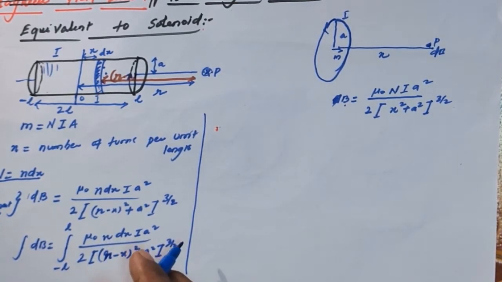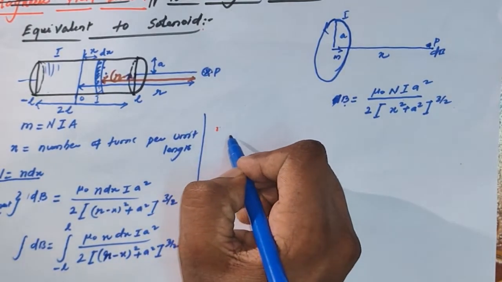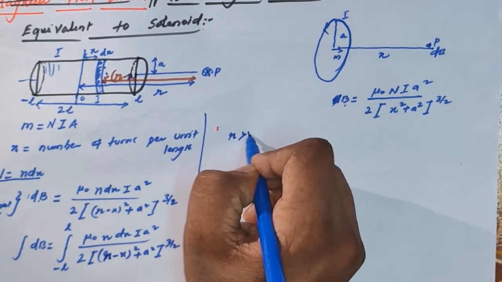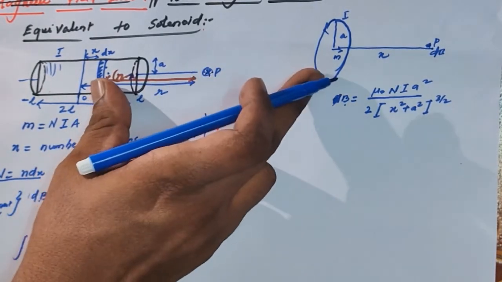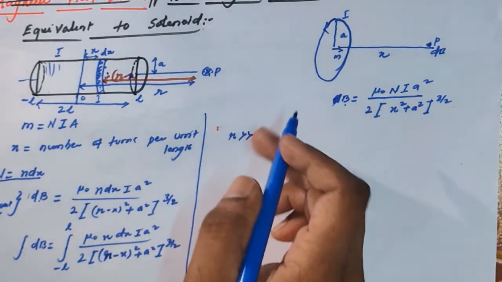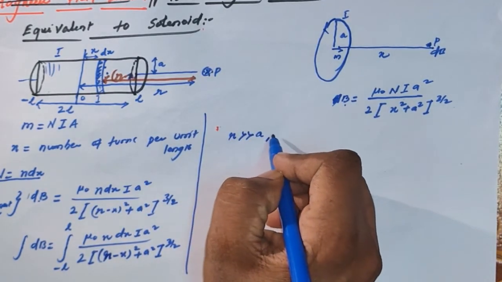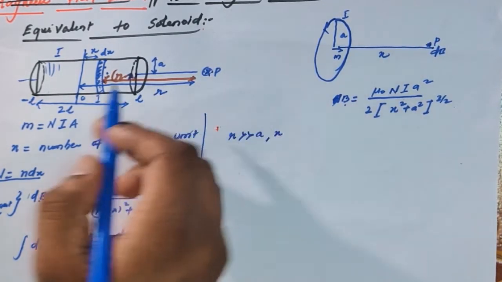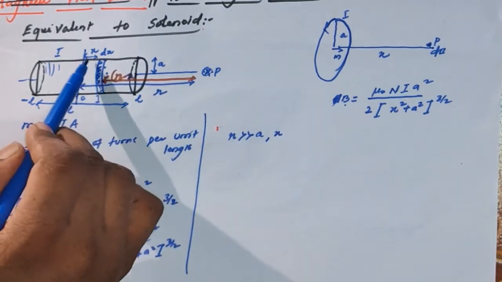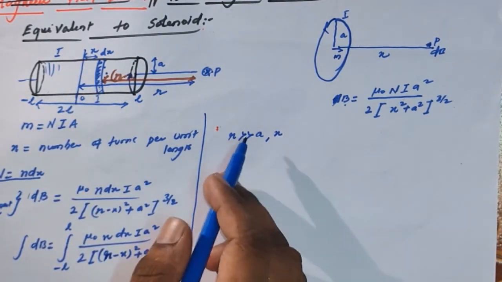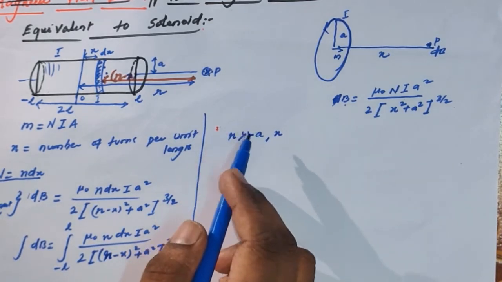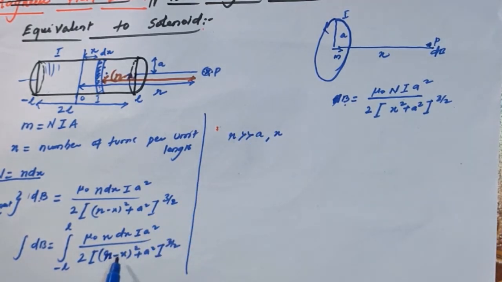For right now, we are going to assume that the distance r is much greater than the radius, the point location is much greater than the radius of the circle, as well as x. If we are working in this limit, r is much larger than this x as well as a square.